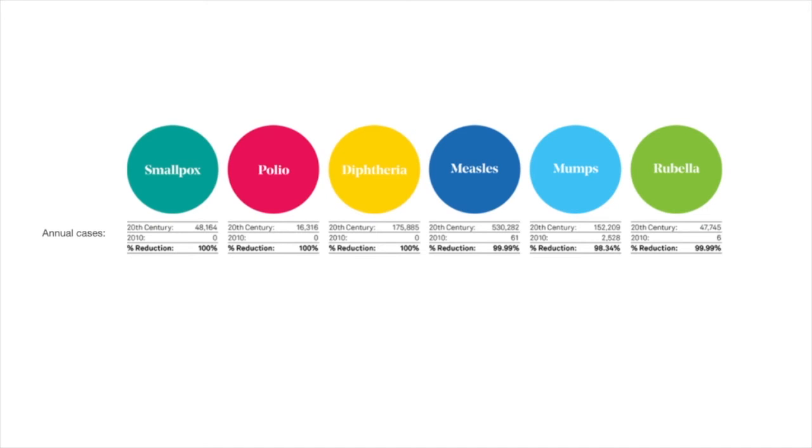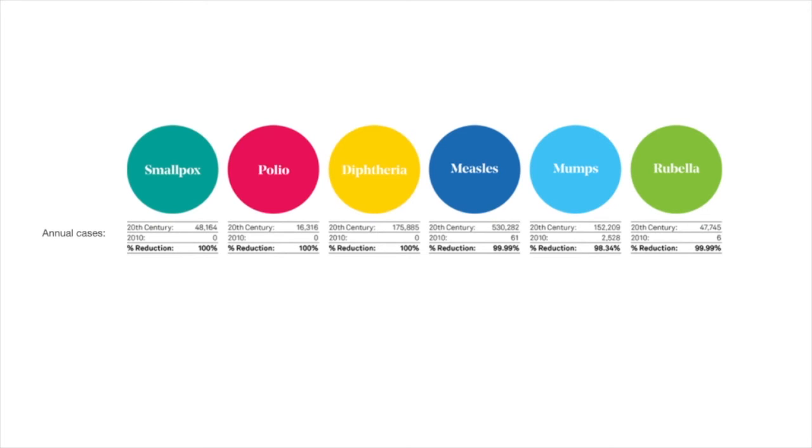Just a little walk down memory lane, or history lane as it might be. These vaccines for these diseases, pictured smallpox, polio, measles, rubella, etc., were all developed and deployed in the 20th century. And I just want to show you how absolutely effective they are.